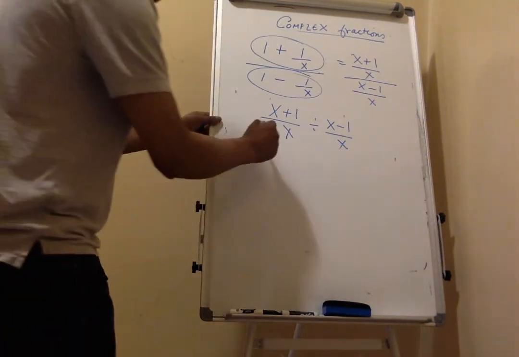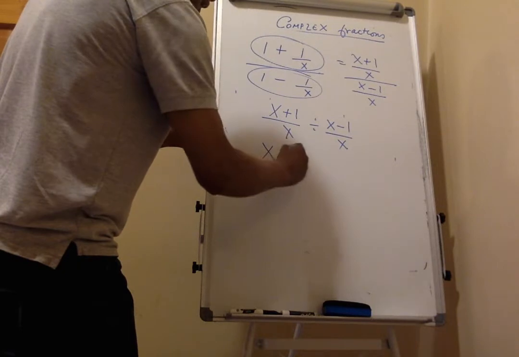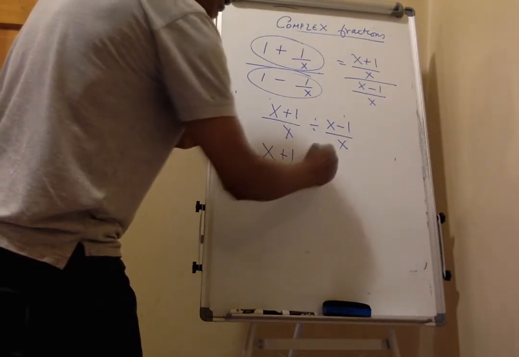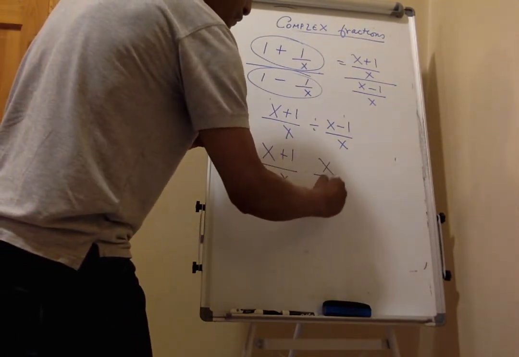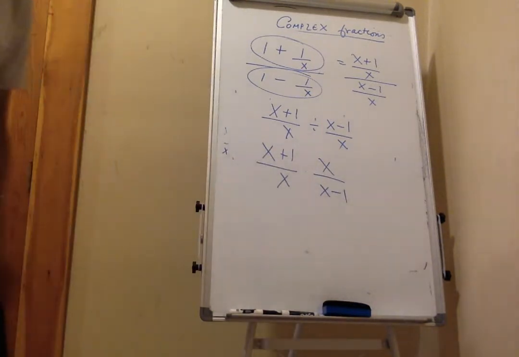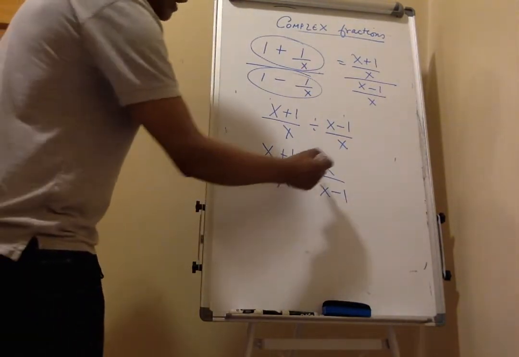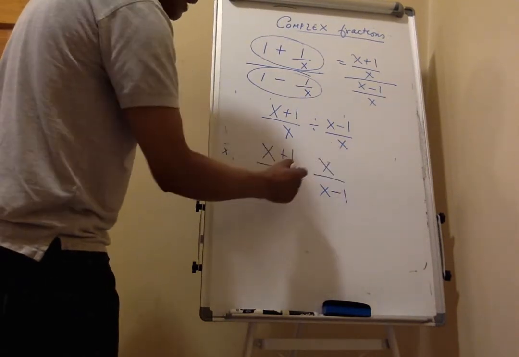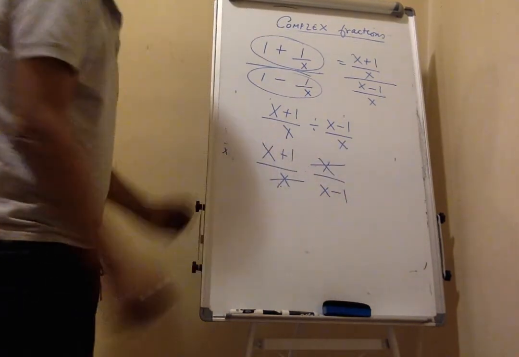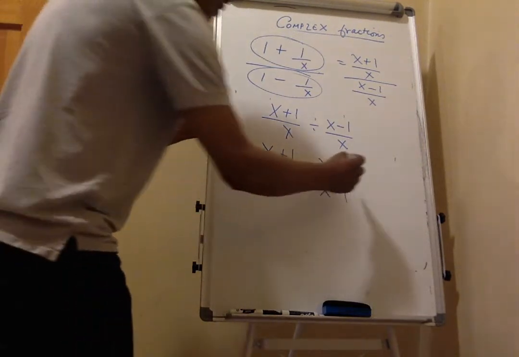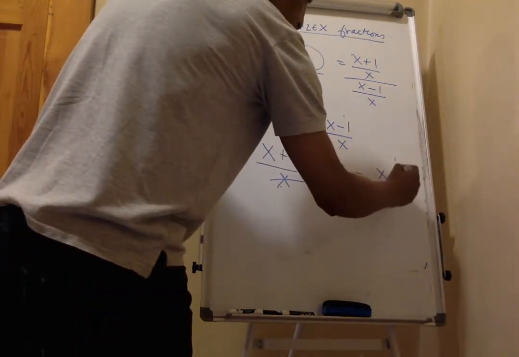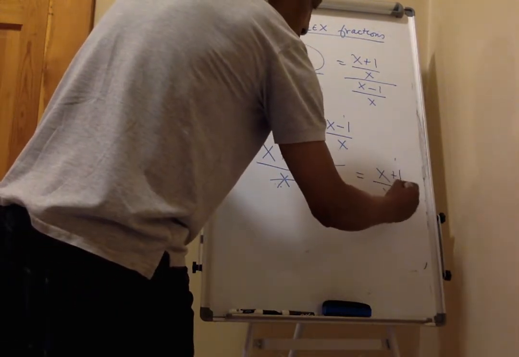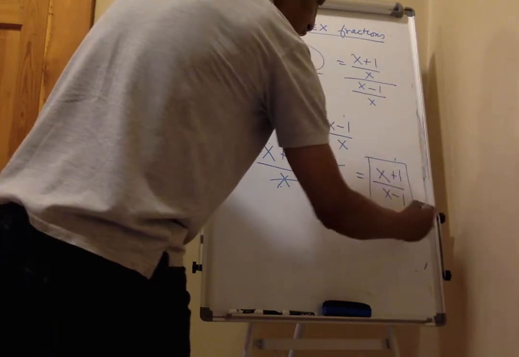Change it, find the reciprocal: x plus 1 over x times x over x minus 1. Now we have x and x, one on top and one at the bottom. I can take that out. So you're left with x plus 1 over x minus 1. That would be your final answer.